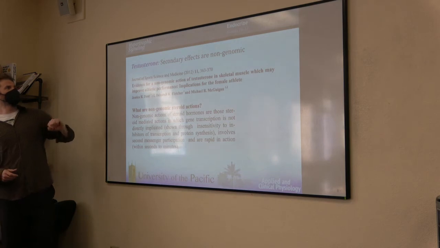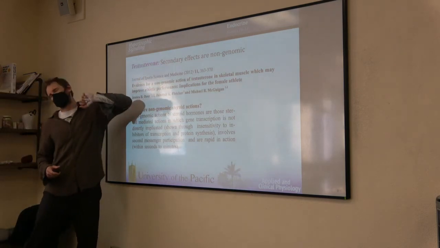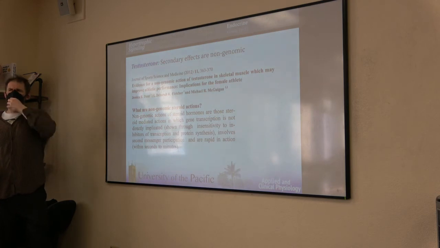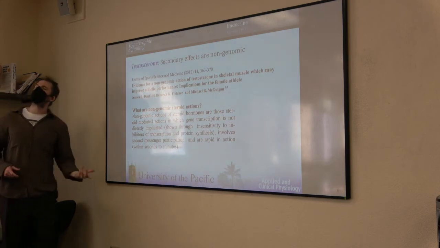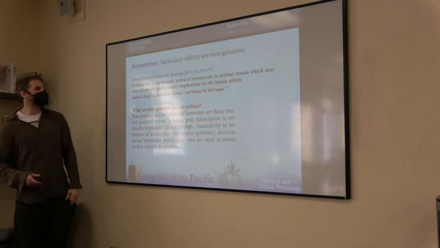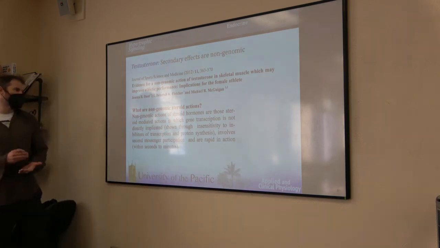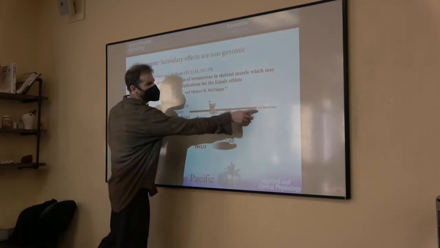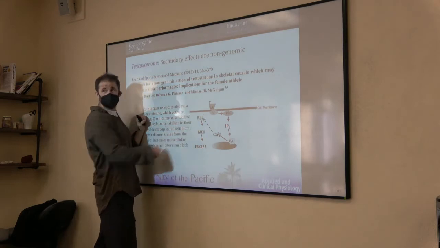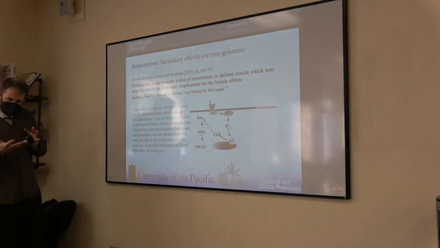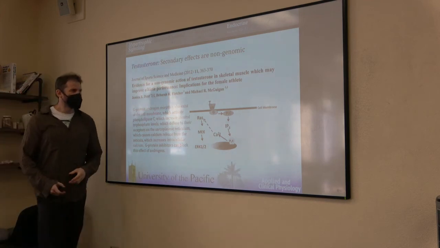But there's more to it. There are secondary effects of testosterone that are not genomic, that are not let's bind to DNA, that are about cell signaling cascades. And so we see, cell membrane, cell surface receptor, there are androgen receptors that have a cell surface receptor function.